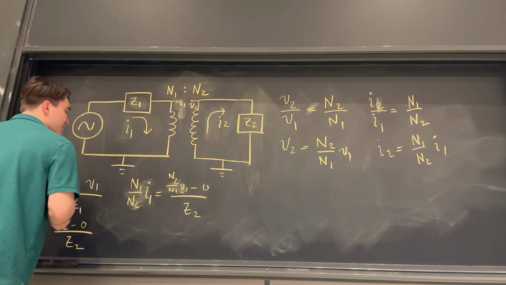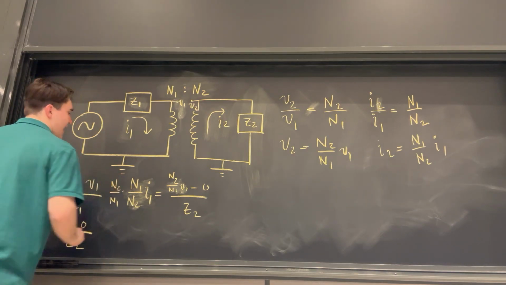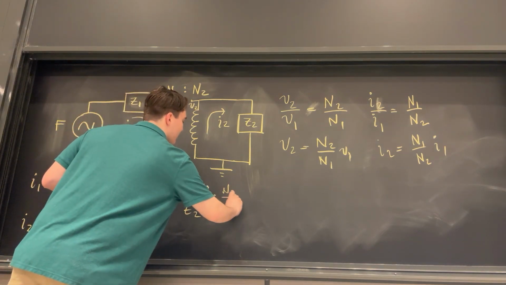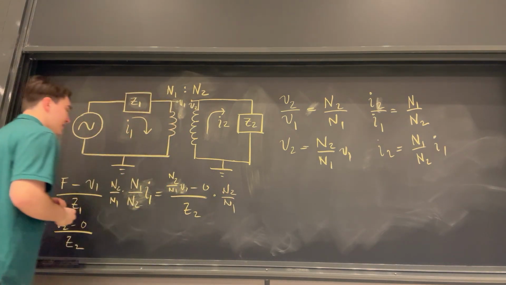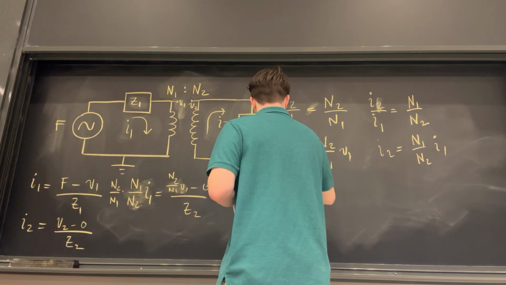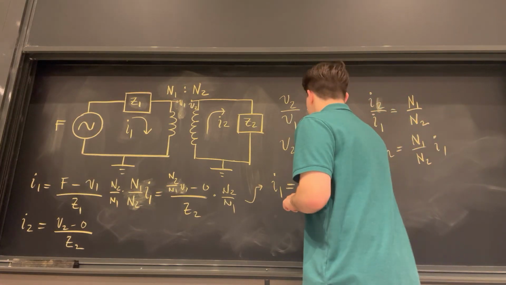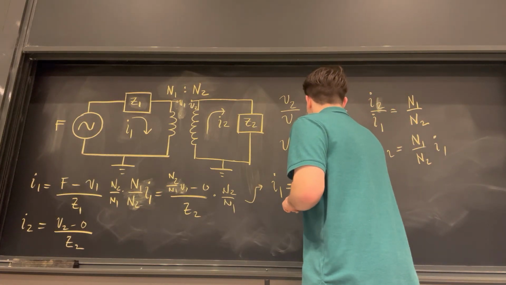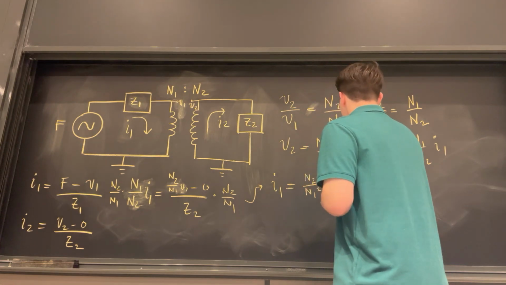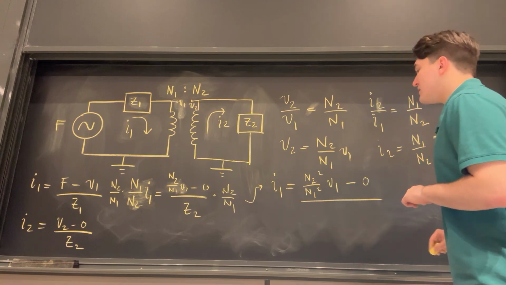I'm going to multiply both sides by N2 over N1. And then I'm going to get this equation, which is I1 equals N2 squared all over N1 squared times V1. And this 0 is not affected at all. It's still just 0 divided by Z2.